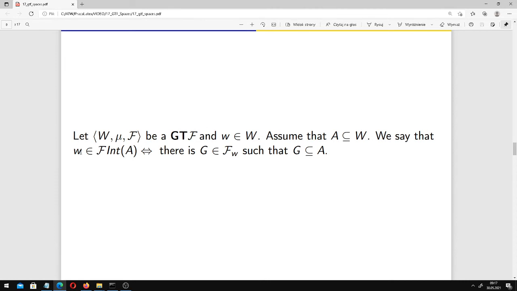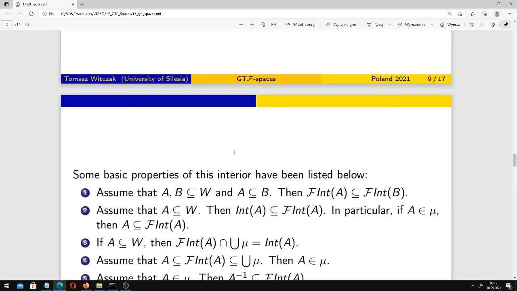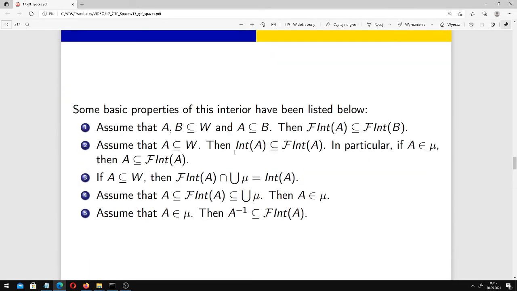A small w is in the F-interior of a certain set A contained in our universe if and only if we may find G belonging to F(w), so connected with our small w, such that G is contained in A. Some basic properties of this, in some sense semi- or quasi-interior, have been listed below.